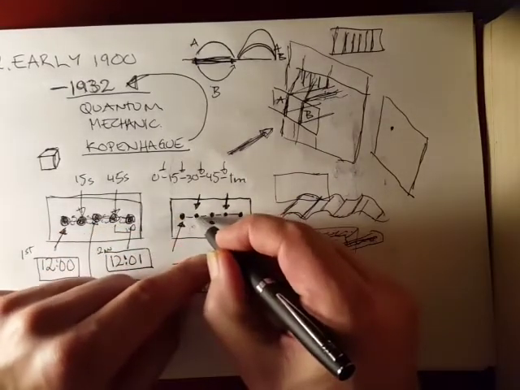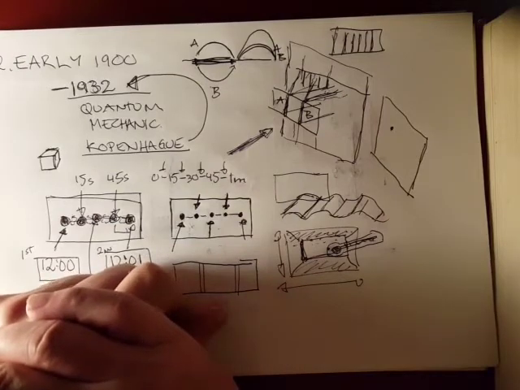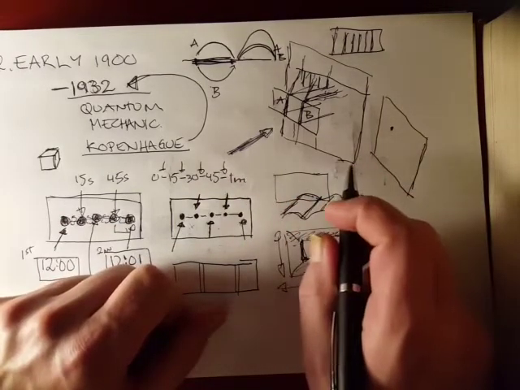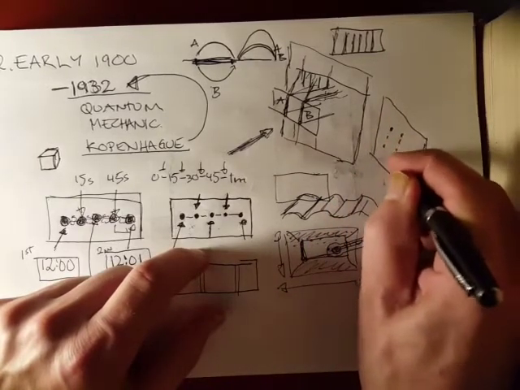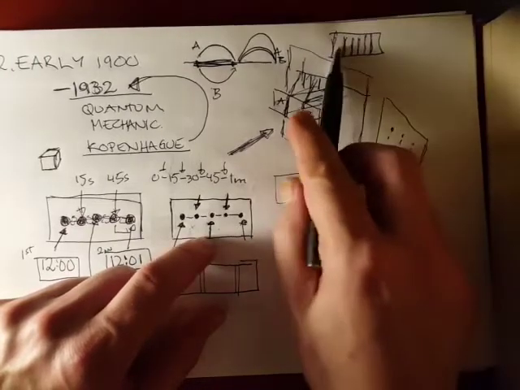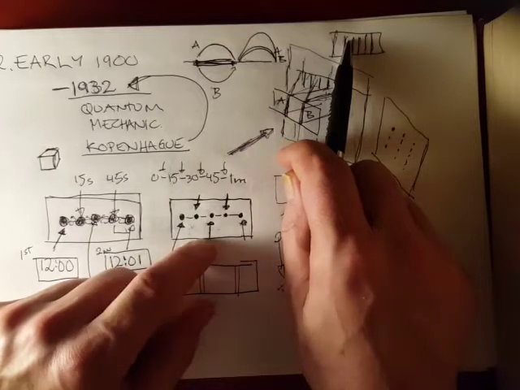Like I said, you can only register positions. You can't observe waves. You only observe positions. And if you do this many times together, the positions you observe will correspond to a wave interference pattern.